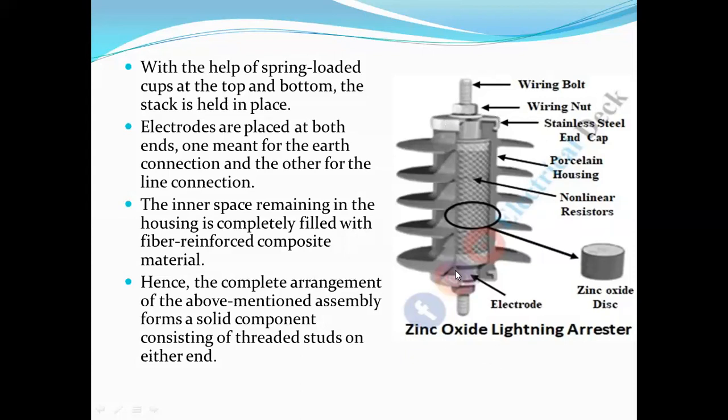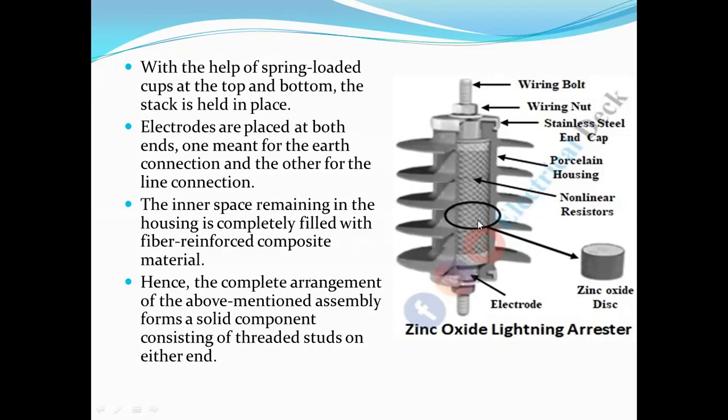These are the two electrodes here. One is connected towards the line, and another electrode is connected towards the earth. In between these, one surge arrestor is there.